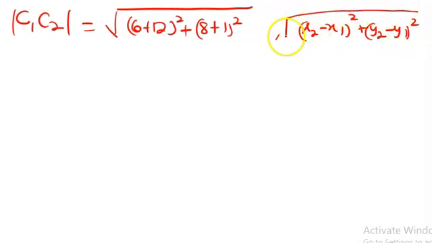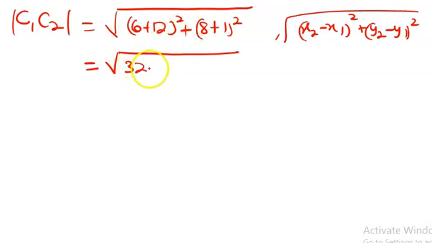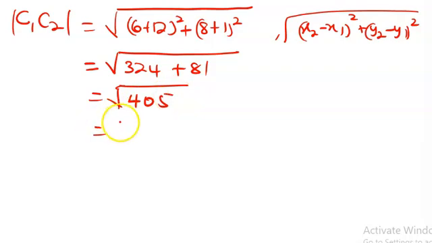When we simplify, this becomes 18 squared, which is 324, plus 9 squared, which is 81. So we have square root of 405. When you simplify to the lowest level, we have 9 root 5. You can use the calculator to compute, or you can break it using smaller factors of 405.